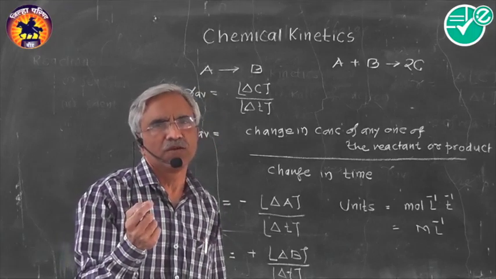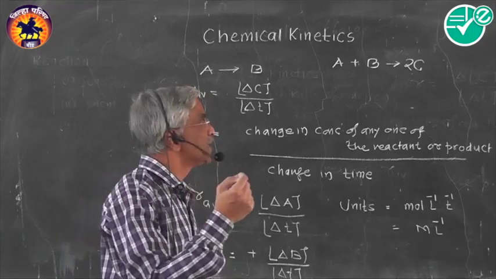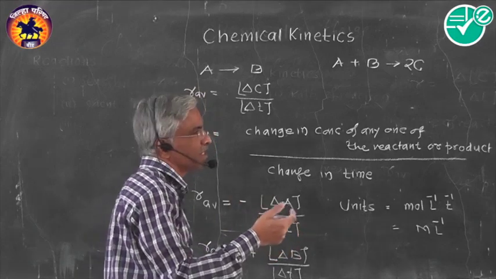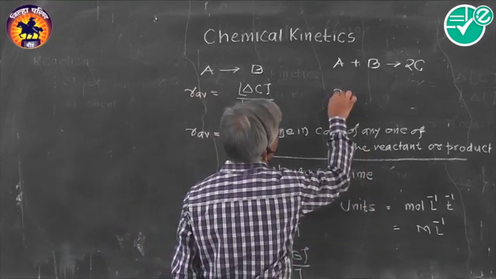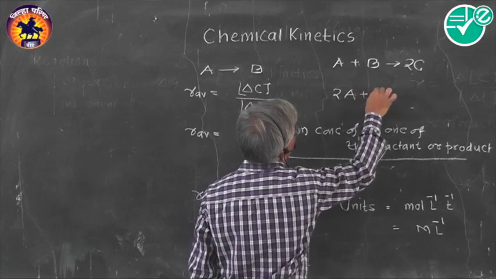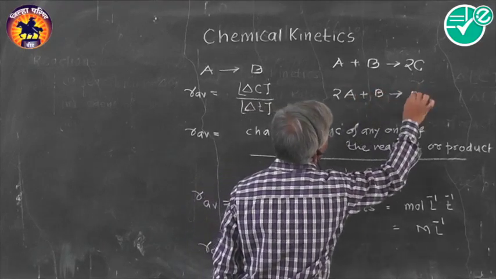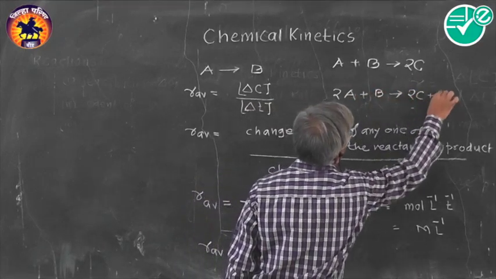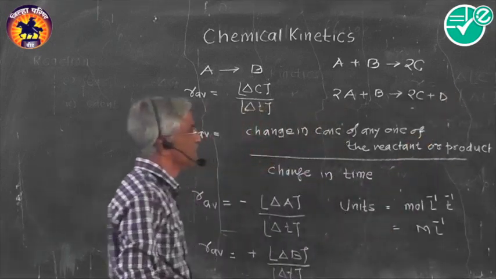But in chemistry, what we always need is, we need not express it in too many different ways. For example, suppose we are having 2A plus B giving some C, 2C plus some giving D, such type of reactions.